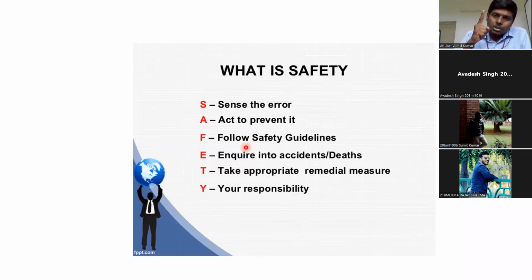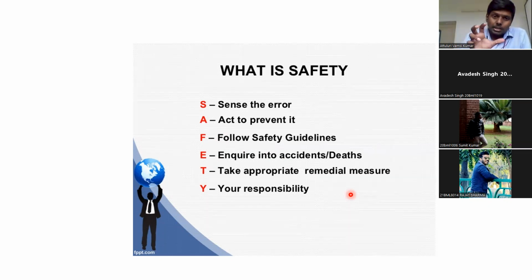We should take responsibility for our mistakes. We should inquire about previous deaths, and we should have that sheet also, the history of past incidents and accidents, what the reason was, and we need to rectify that issue. We also need to take appropriate remedial measures to prevent such errors in the future.